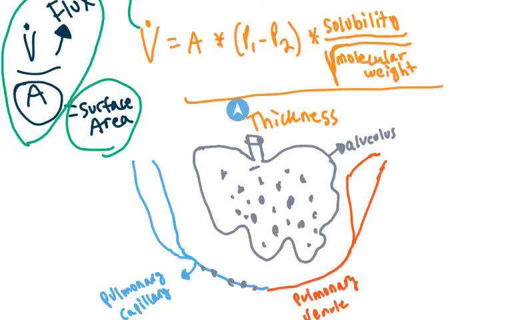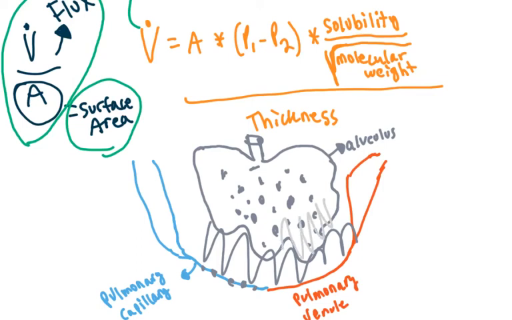And last but not least, in something like pneumonia, where we have fluid buildup here, and if it gets a lot, then we have fluid buildup in the alveoli too, which is what pneumonia is. Then the thickness increases. The thickness being all this fluid here.